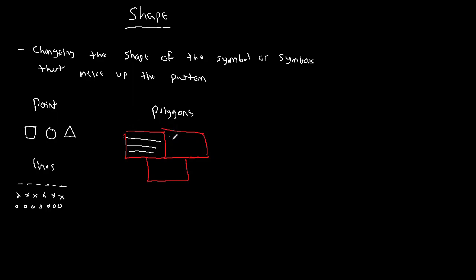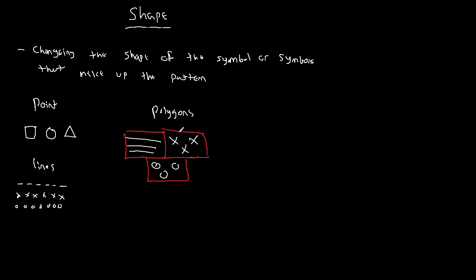Maybe one is represented by a series of X's like this, and maybe one is represented by a series of circles like that. So in all three cases, in theory, if we did the best job we possibly could, we haven't changed anything but the shape of the symbol. We haven't made them bigger. We haven't changed the spacing. Hopefully with polygons, we haven't implied any change in density.